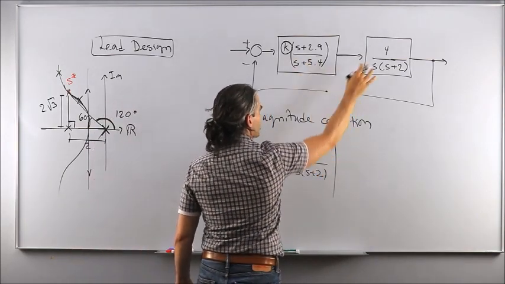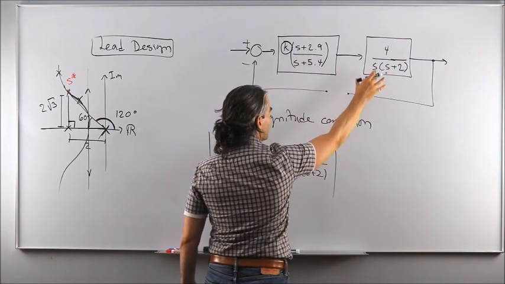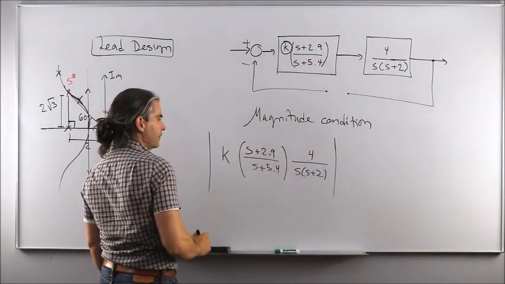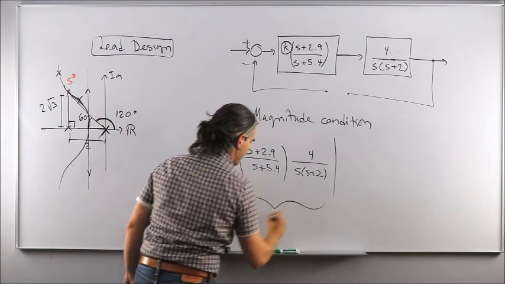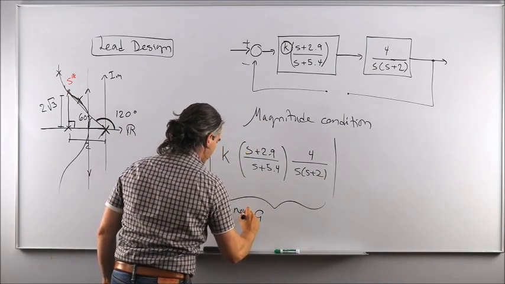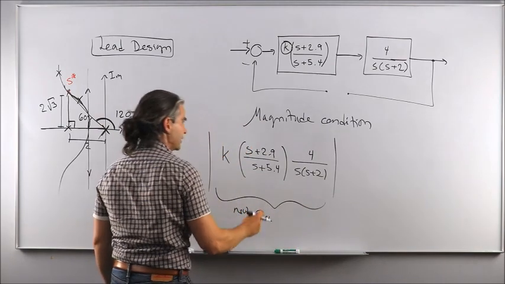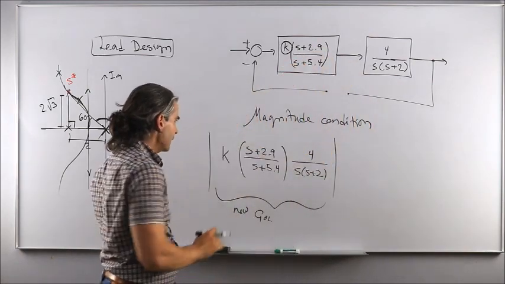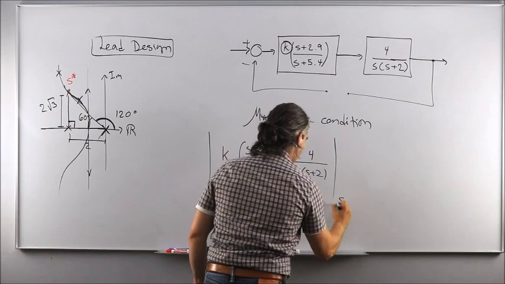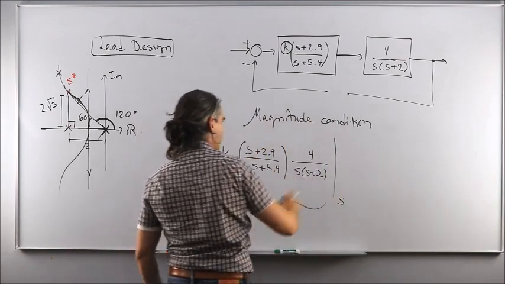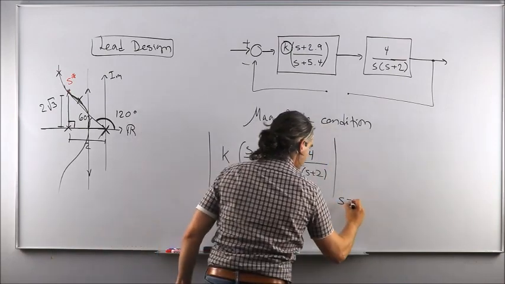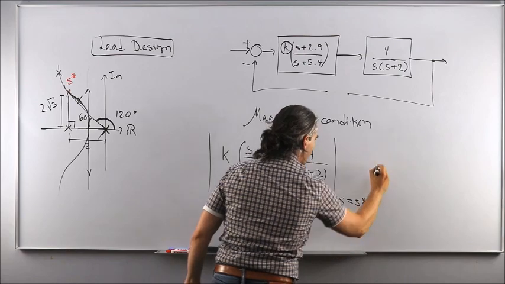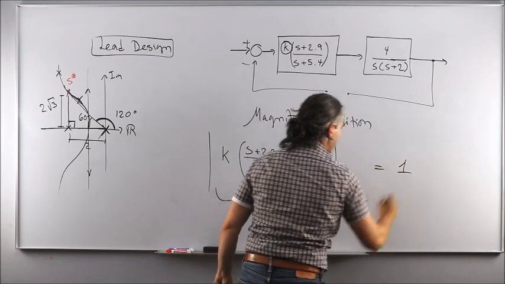Just the multiplication of the compensator with the original open loop. That's what we have. Just want to make it clear that this is the new G open loop that comprises the former open loop plus our new compensator in front of it. If we evaluate that in terms of magnitude, i.e. those two vertical lines, at S equal S star, we should end up exactly with 1.